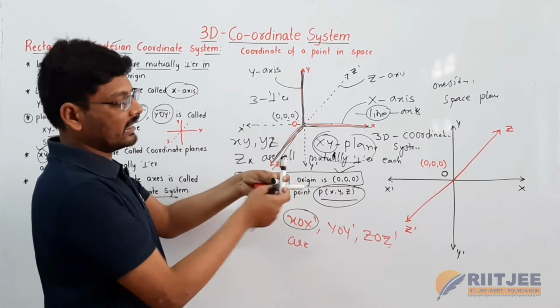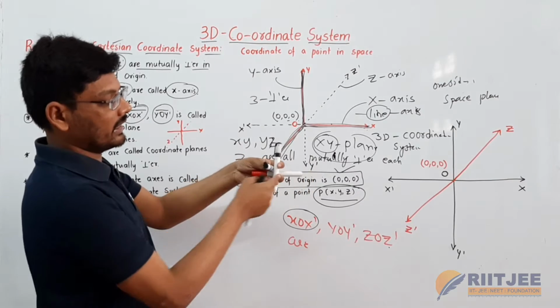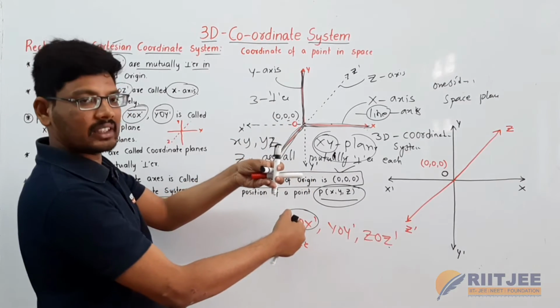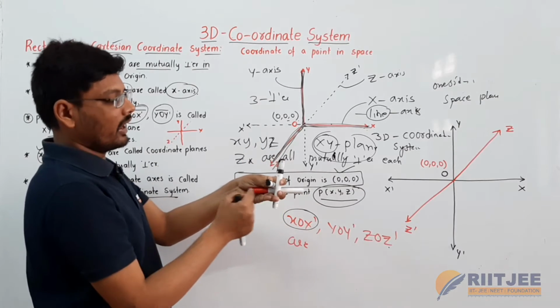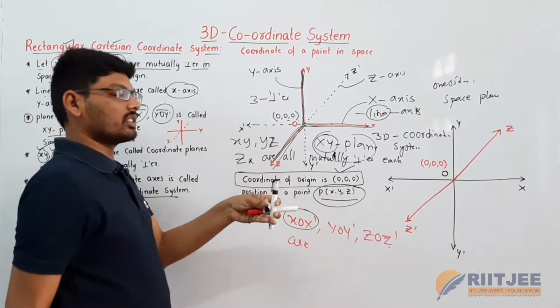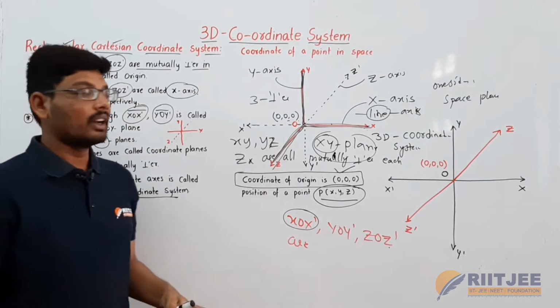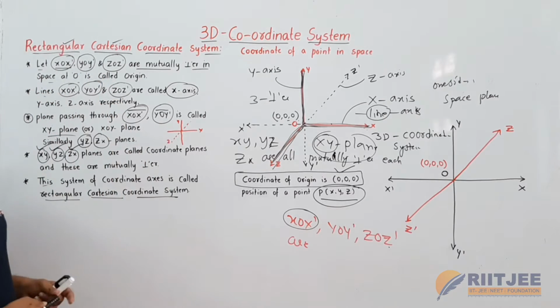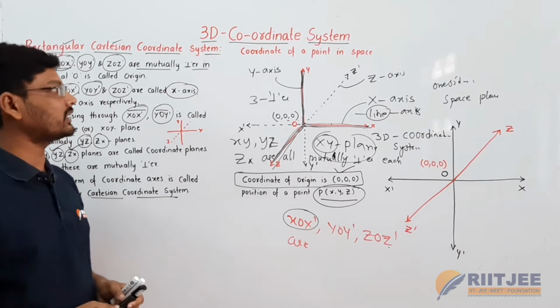The intersection of these three lines is the origin. This complete line is the x axis, this is the y axis, this is the z axis. X O x dash, y O y dash, z O z dash. This is all about the 3D coordinate system, and the package of all this is a rectangular coordinate system.